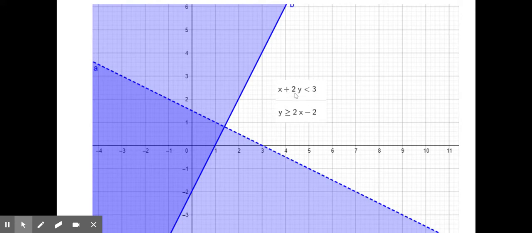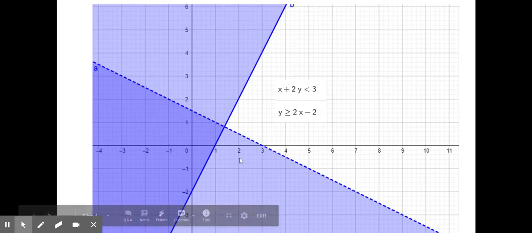And then this one, okay, let's get y by itself, so I'm going to subtract x. I would get negative x plus 3 on the right, I have 2y on the left, and then I divide by 2. I didn't divide by a negative, so I just keep the inequality the same. I get y is less than negative 1/2 x plus 3/2.